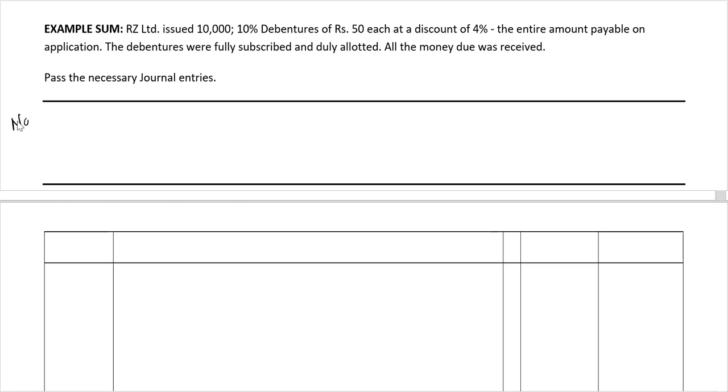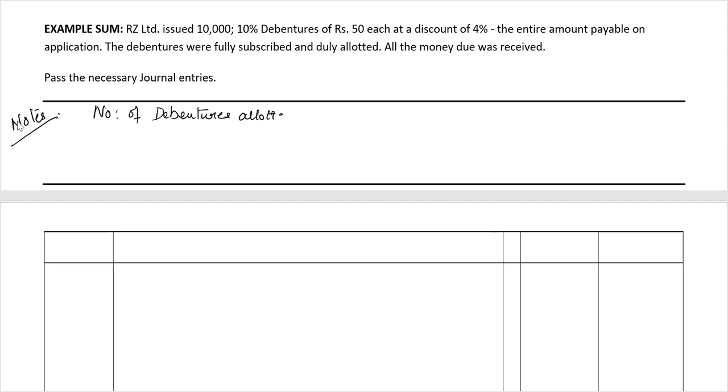Before we begin, we will prepare a few notes. The number of debentures allotted is equal to 10,000 debentures.